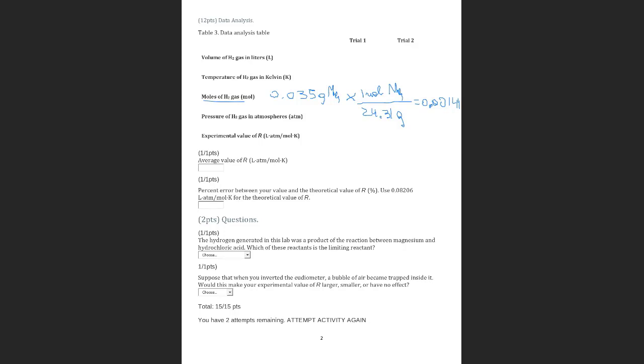Now comes the pressure. How do we calculate the pressure of the hydrogen? We talked a little bit, right? What did we say? We assume that the atmospheric pressure equals the vapor pressure of the water plus the pressure of the hydrogen.